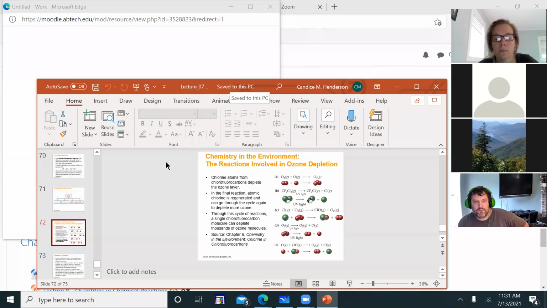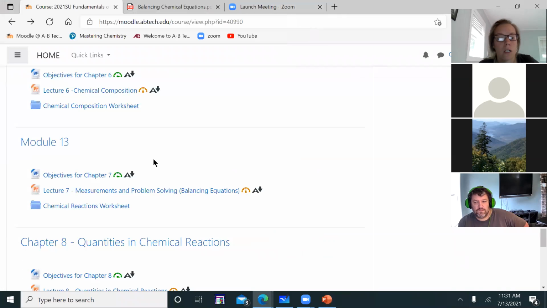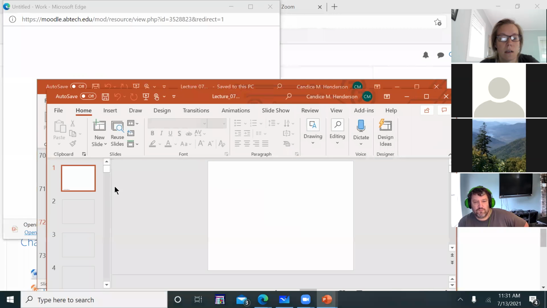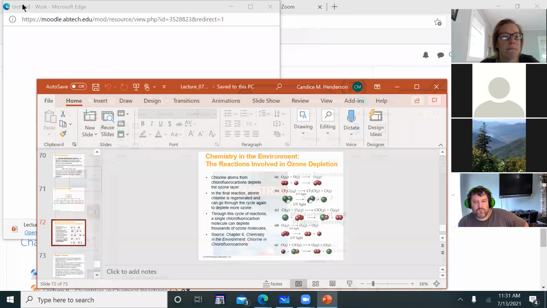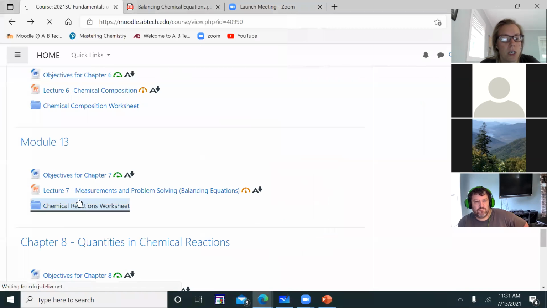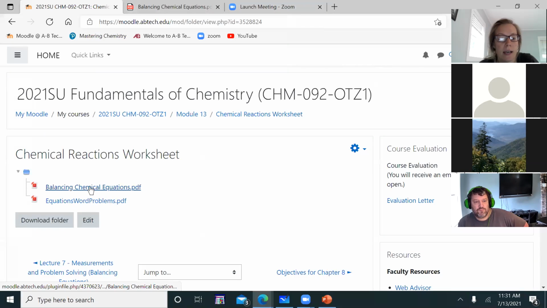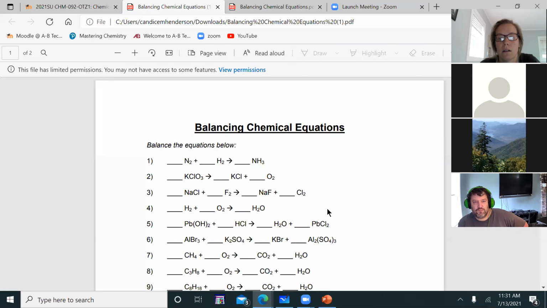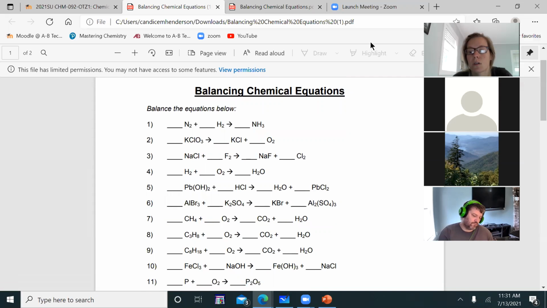Let's look at that homework we did, or rather the problem that we did. We balanced them. From that worksheet, we will just classify if they are synthesis, decomposition, and so on.